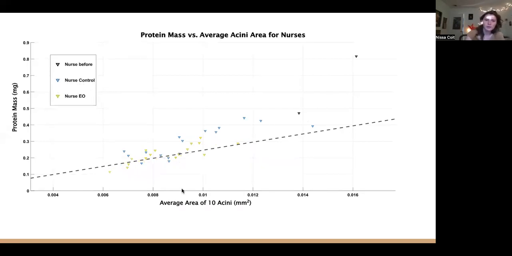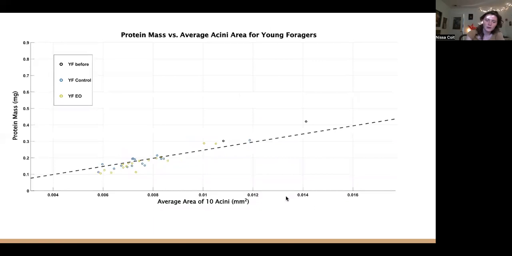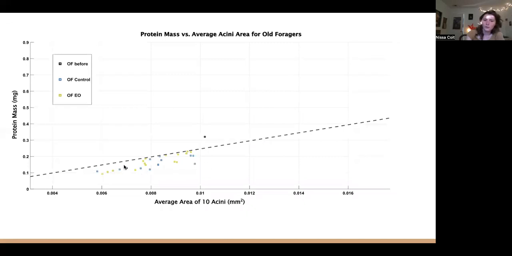As you can see here, there's the nurse bees by themselves along the same line, and they're much higher, on the higher protein mass side of things. So maybe they have more active hypopharyngeal glands. The young foragers are a little bit further down here, and the old foragers are even lower. So they have even less protein mass.